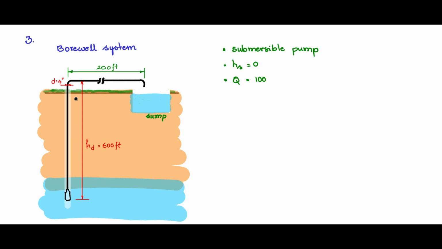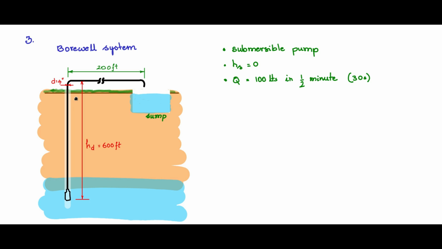Now Q, typically the discharge out of the borewell is of the order of 100 liters in half a minute, which means 30 seconds. So this is the order of magnitude of the discharge that will be coming out of a typical borewell.